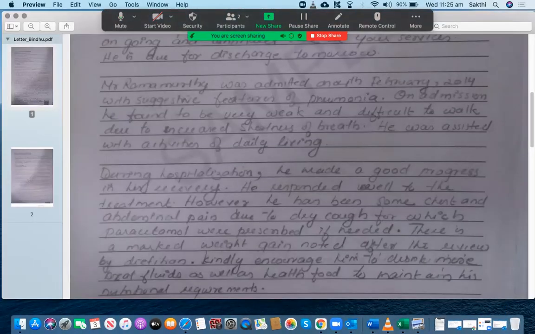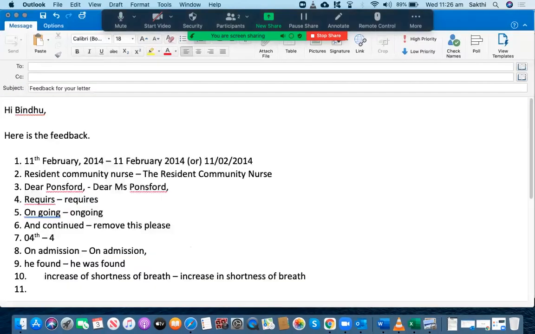It's not that good. Is that "increase of" or "increased"? Increased shortness of breath. Then it is correct. I thought it looked like "of." No, it's increased shortness of breath. Then it's all right.